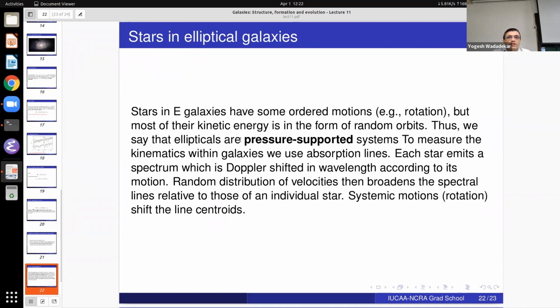Okay. Now elliptical galaxies. Stars in elliptical galaxies have some ordered motion. For example, there is some sense of rotation of an elliptical galaxy. What that means is, if you try to calculate the net angular momentum of an elliptical galaxy, it is not zero.